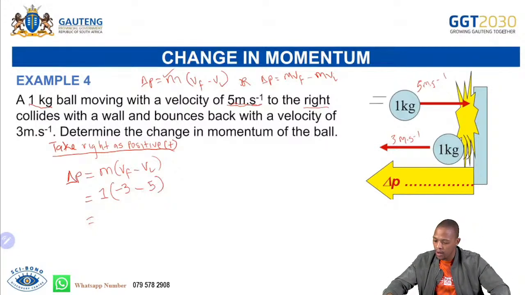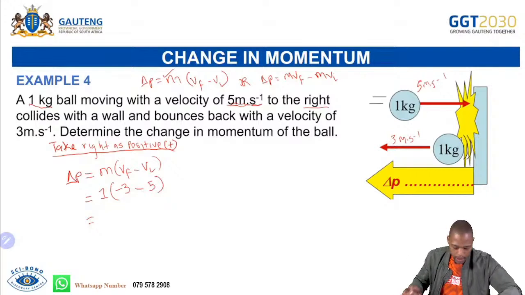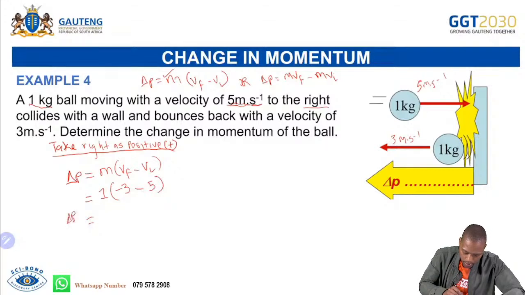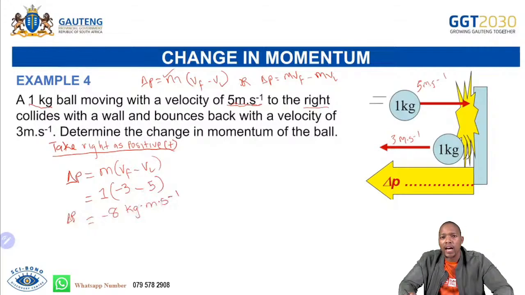And then from there, we check how the momentum is changing by using the calculator. So we're going to say 1, open a bracket, negative 3 minus 5, close that bracket. We will get that our change in momentum is equal to minus 8 kilogram meters per second. Then again, we ask the question, should I leave it like this with a negative as my direction? And the answer is no, I cannot do that.